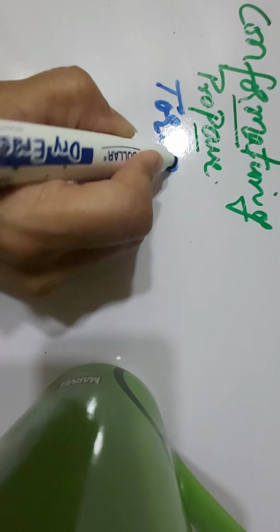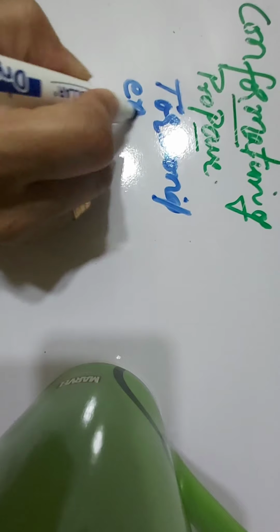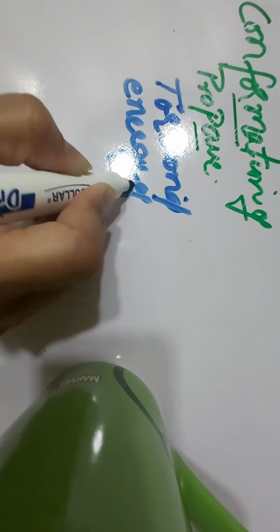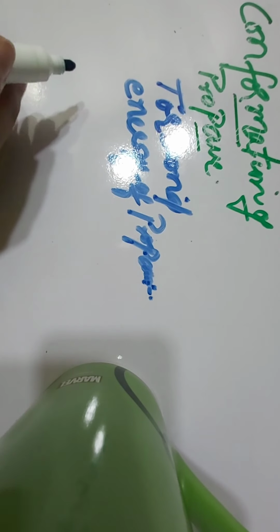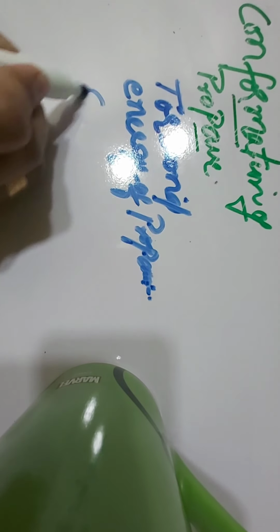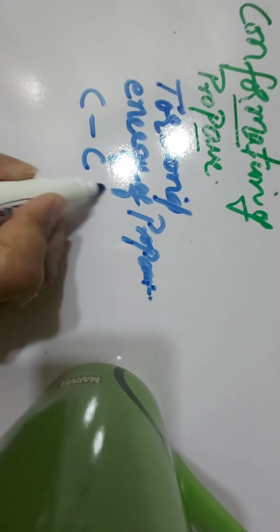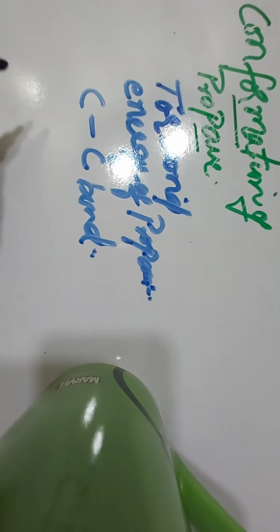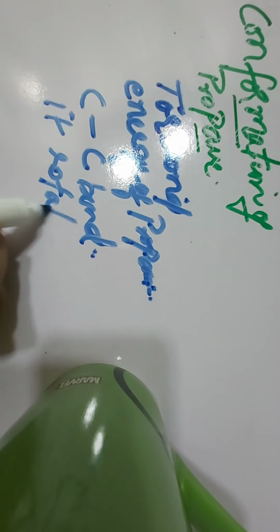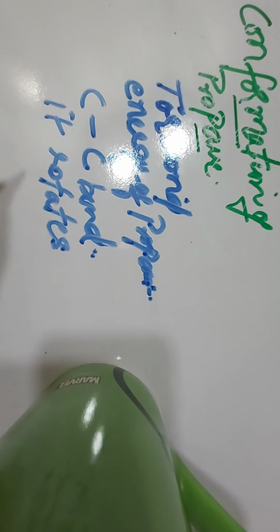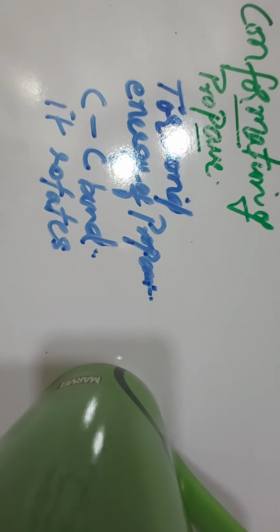If we discuss the torsional energy of propane, especially via the carbon to carbon bond, when it rotates, the torsional energy will again vary, just like it does in ethane.